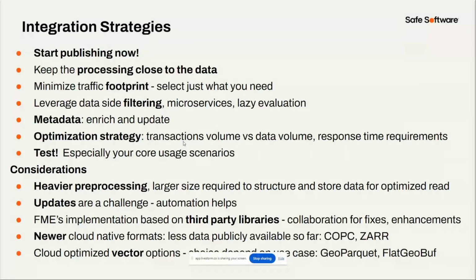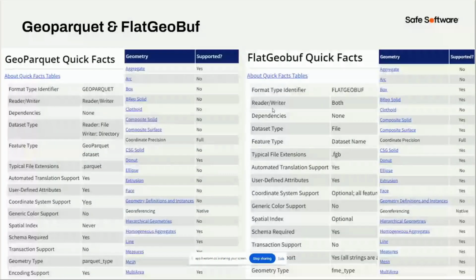And so sometimes we have a larger server-side footprint in order to make it easier to read. A bit of pre-processing is involved with that, and updates can be a challenge, but I think if you have an automated system, that makes updates easier. So I think that's pretty much all the time I have. Obviously formats like COPC and ZARR are a bit newer, so there's not as much available out there.